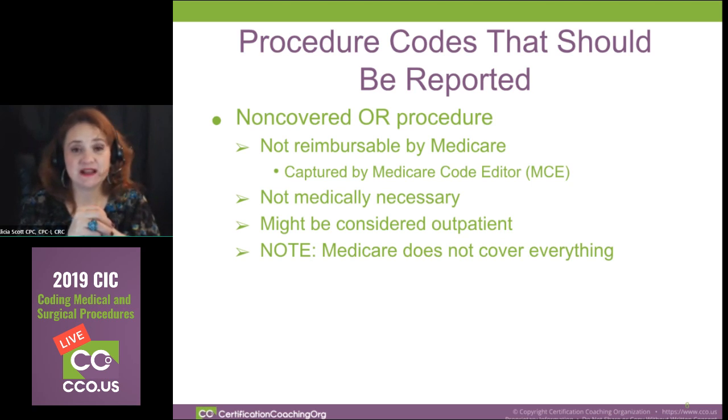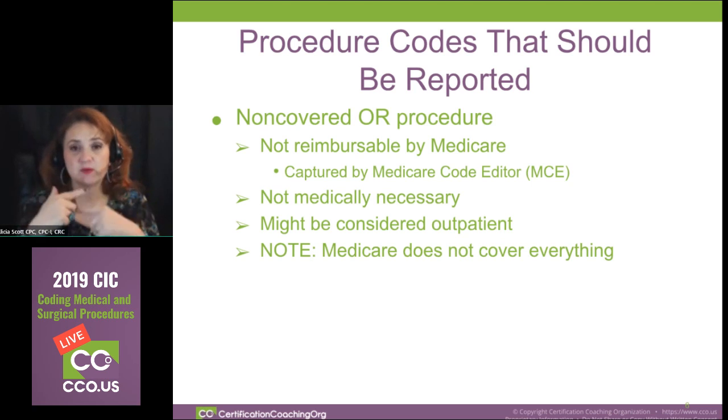If it's not medically necessary, it's not going to be covered. So if a person has a rhinoplasty done because they have a deviated septum that's constricting their airway and also causing recurrent sinus infections, it would be medically necessary.